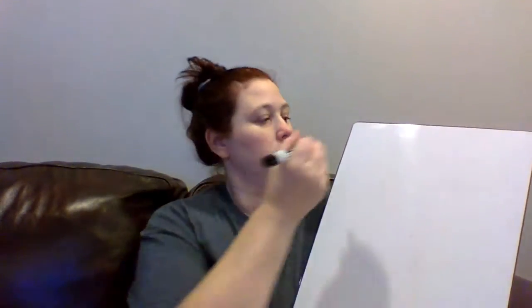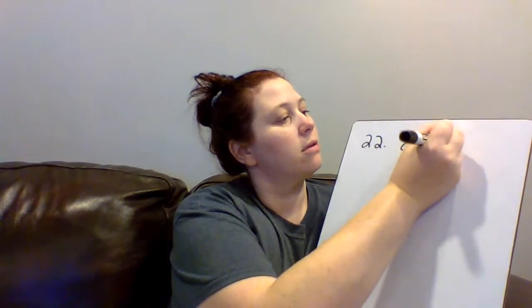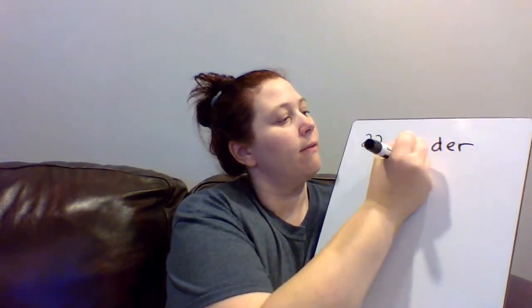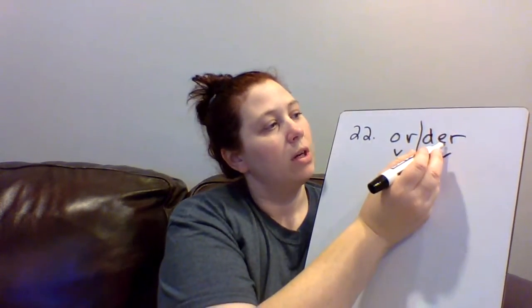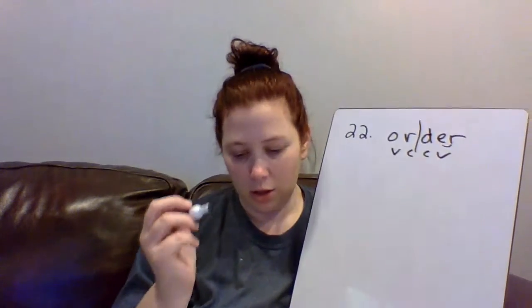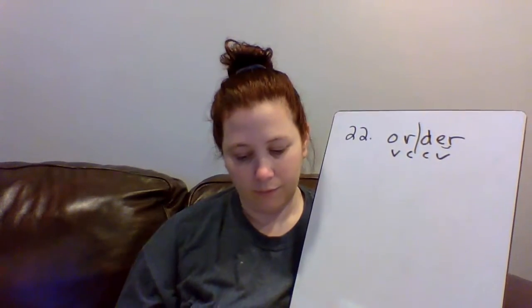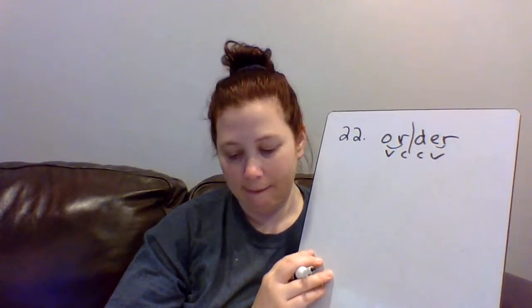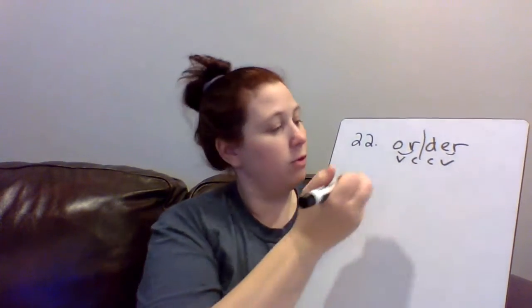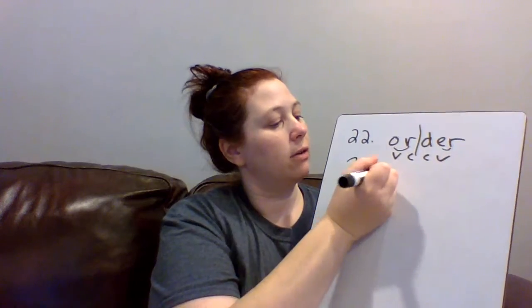Alrighty, 22. Order. We have vowel, consonant, consonant, vowel, and draw a line between our two. Here we have combination ER and combination OR. All right. Number 23, circus.